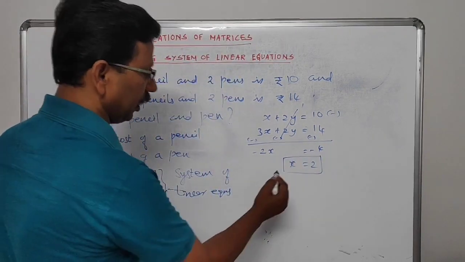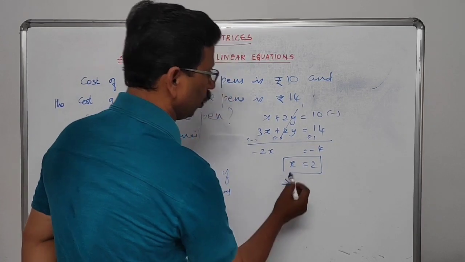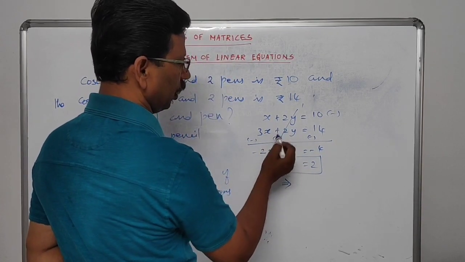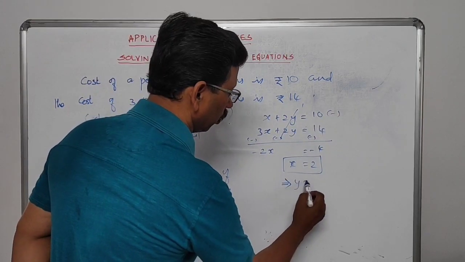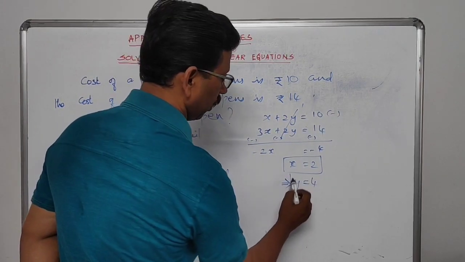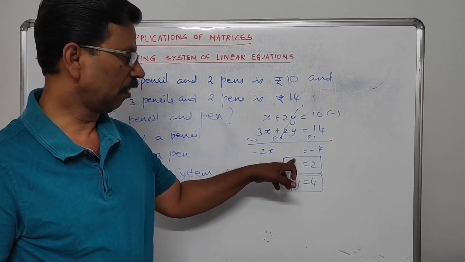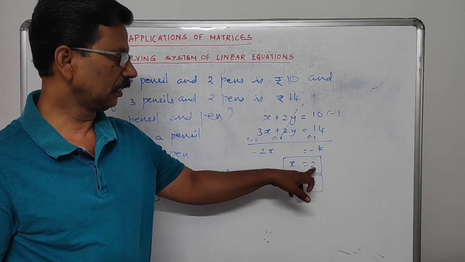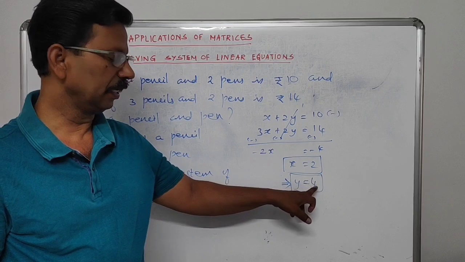Now, with x equal to 2, we can get the y value by substituting in either equation. x equal to 2 means 2y equals 8, therefore y equals 4. So the cost of a pencil is rupees 2 and the cost of a pen is rupees 4.